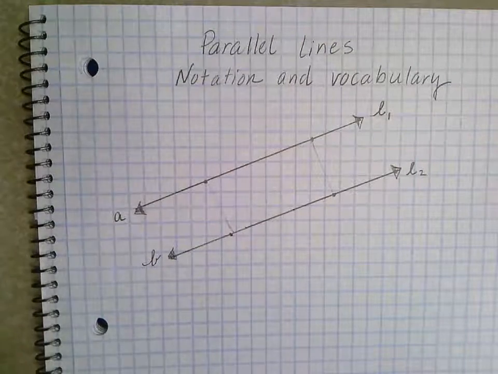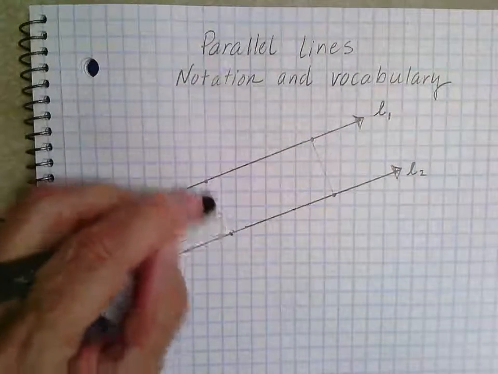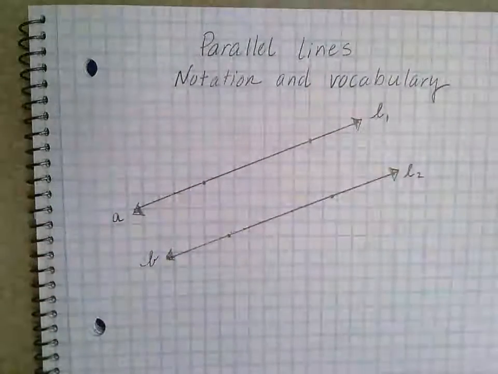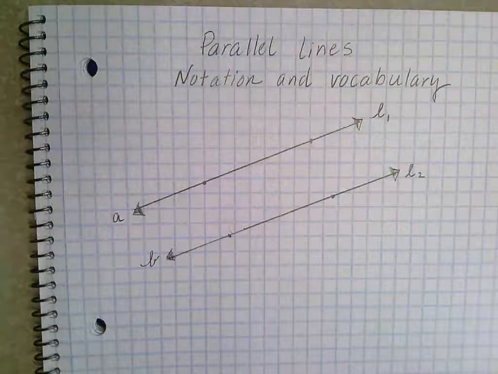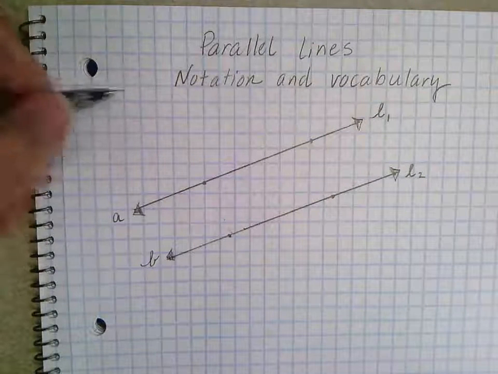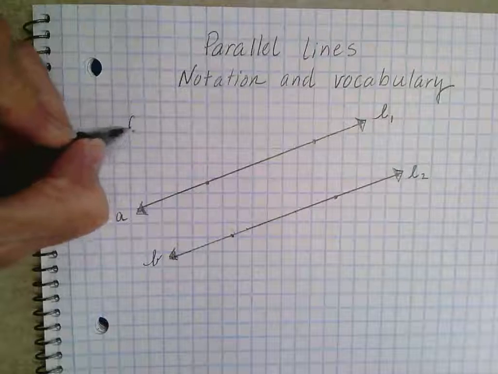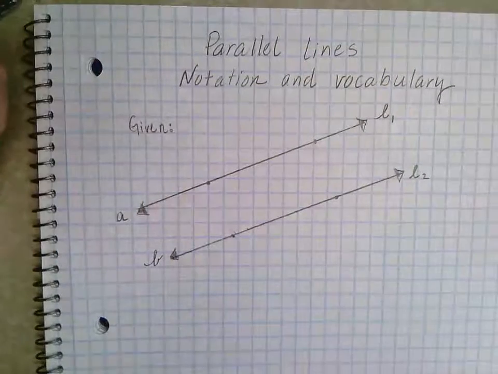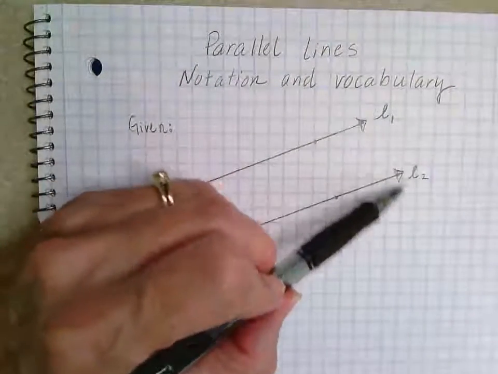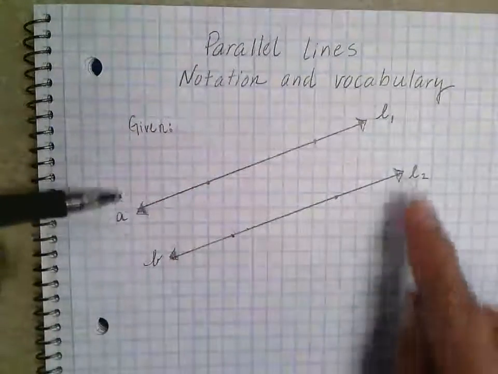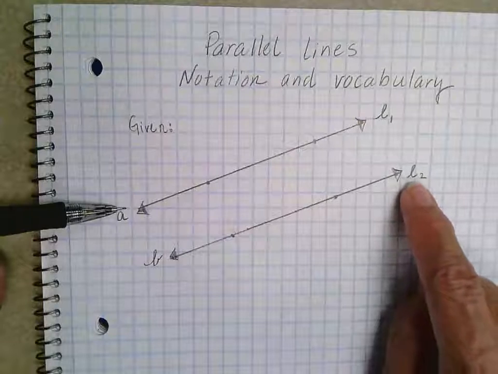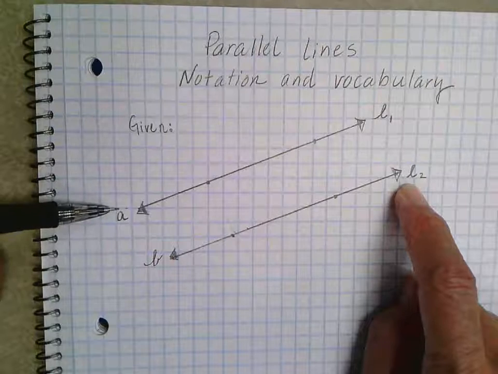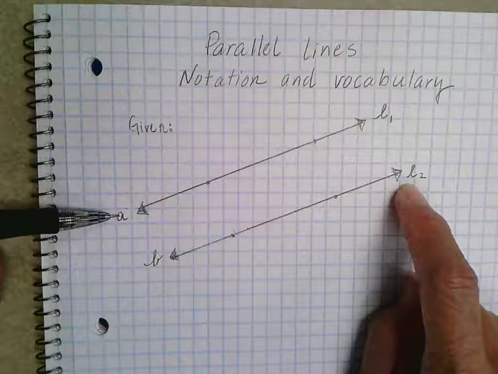When two lines are parallel, unless you are trying to prove that they are parallel, you will be given some information. And it will oftentimes look like this. Given, and then a colon, and it will use one of these two notations. Generally they aren't mixed, like they're not going to talk about this line and label it L sub 2 and talk about this line and label it lowercase a.